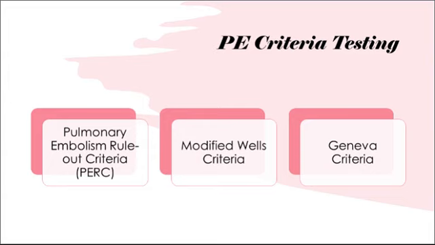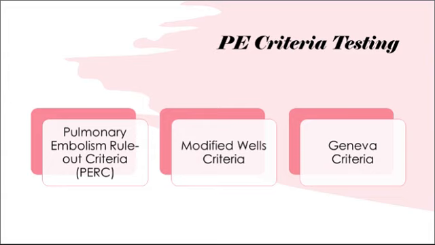So the PERC rule, like any of these, is applied to a patient where the diagnosis of pulmonary embolus is being considered, but it seems that the person is at low risk. With the PERC, they use a person's age over 50 years old, pulse rate of at least 100, SAT of less than or equal to 95%, hemoptysis, estrogen use, history of surgery or trauma within the last 4 weeks, if they've had a PE or DVT in the past, do they currently have any signs of a deep vein thrombosis?